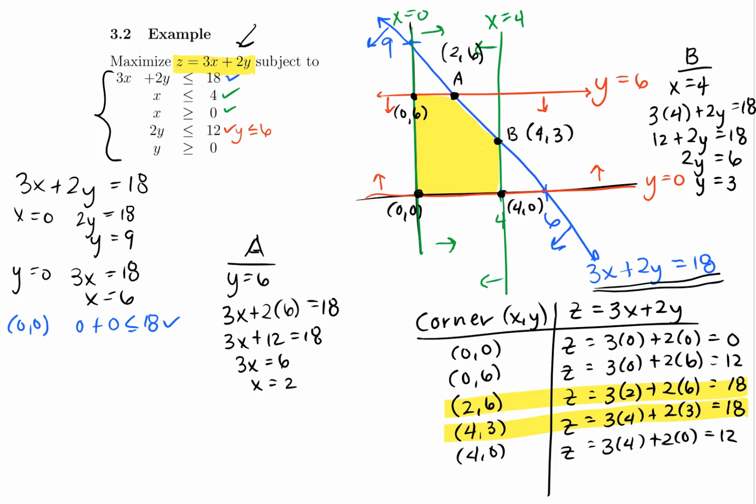And what that means is that any point on the line segment that connects A to B, so any point on this line segment here, is a solution to our linear programming problem. And so the way we would say that is we can say that we have multiple optimal solutions.